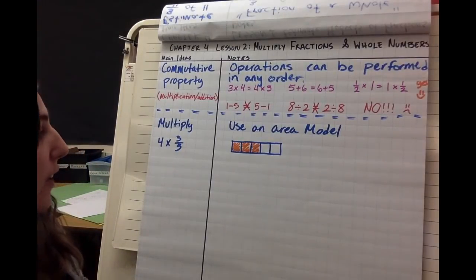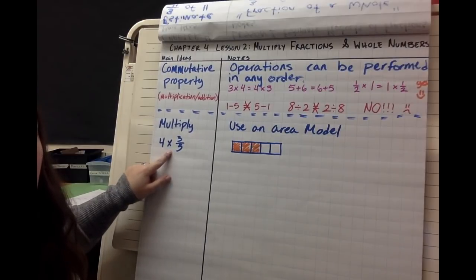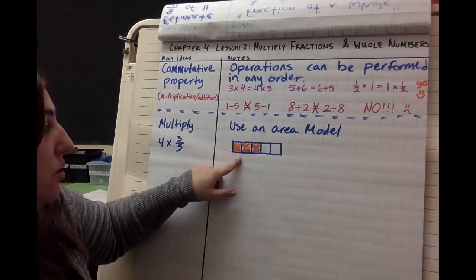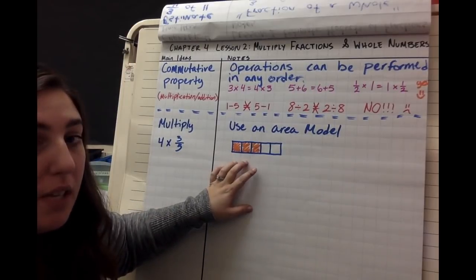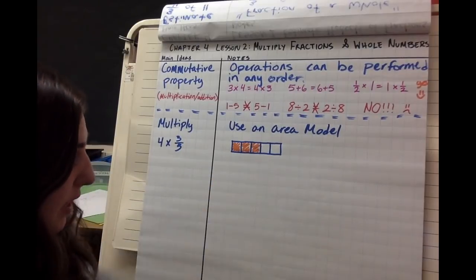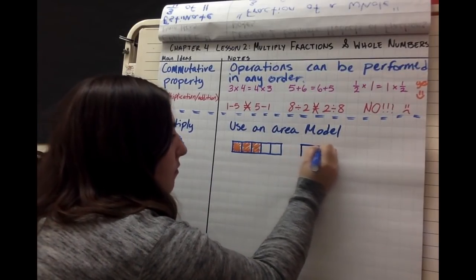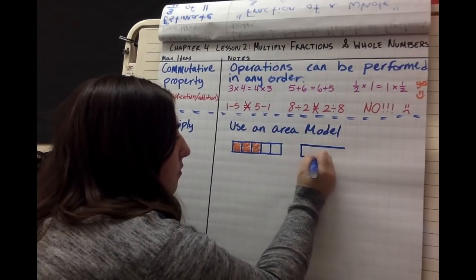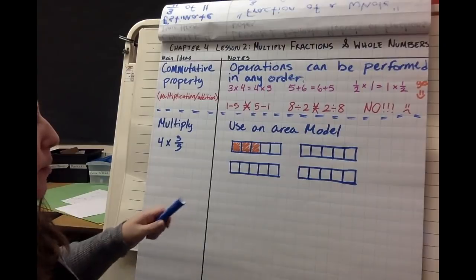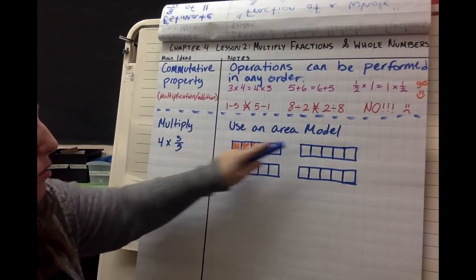All right, but we need 4 of these, because this is telling us that we have 4 groups of 3/5. That means I need to make more of these. So to have 4, I'm going to copy the same thing that I did here. So now that I have all my bar graphs, so I needed to multiply 4 times 3/5, and I have 1, 2, 3, 4.